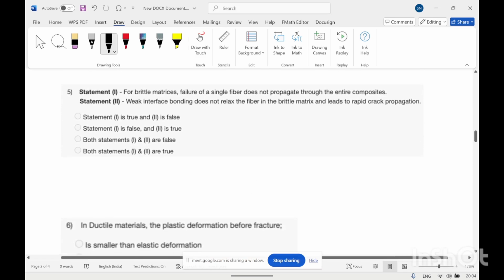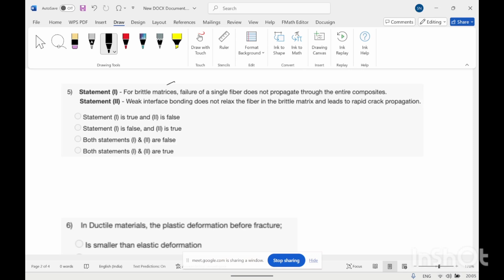The next question says statement 1: for brittle matrices, failure of a single fiber does not propagate through the entire composite. No, for brittle matrices, the failure will propagate through the entire composite.